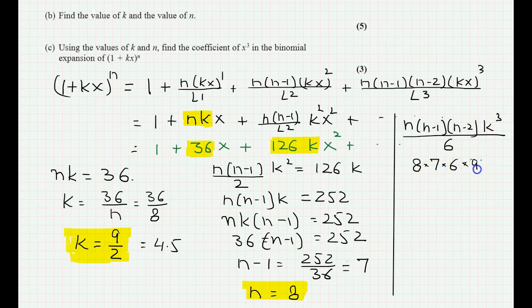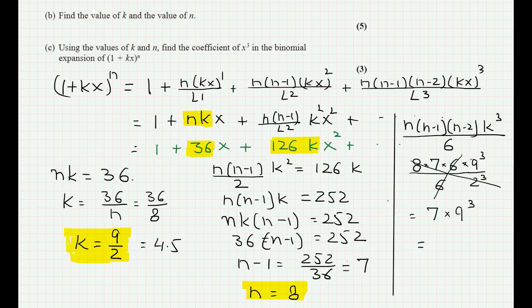k is 9 cubed over 2 cubed, divided by 6. So that will be 8. We can cancel 8 here. 2 cubed is 8, so this can be cancelled. This 6 also can be cancelled. That is 7 multiplied by 9 cubed.